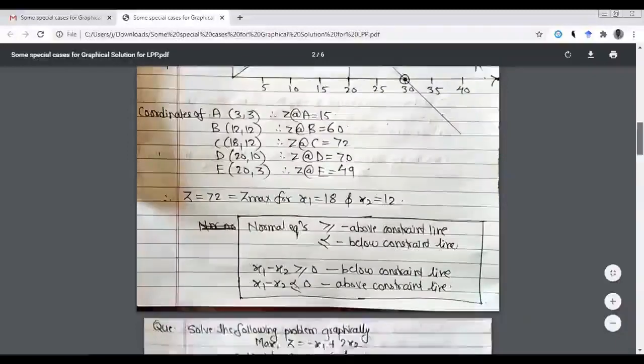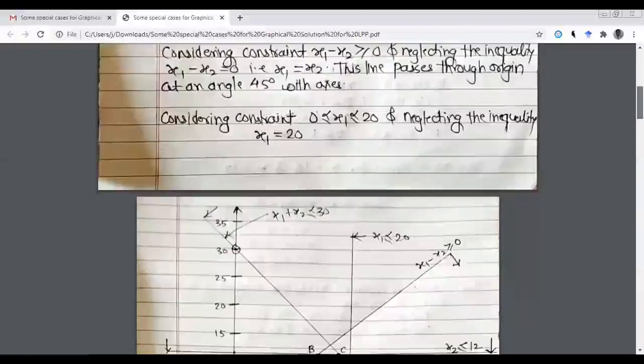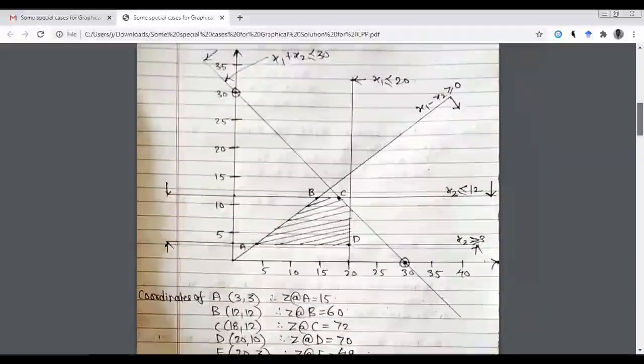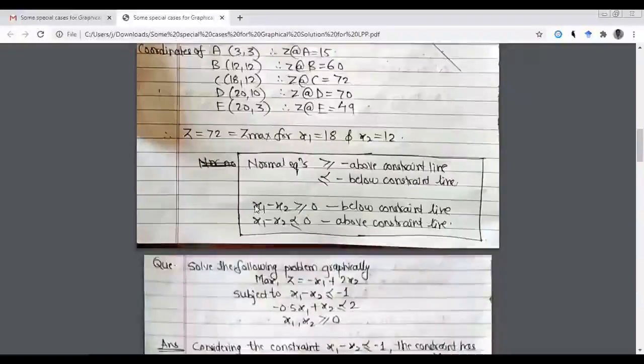Now the numerical was pretty straightforward, but the point that needs to be understood, or why this problem is special, is that it has a constraint x1 minus x2 less than or equal to 0 or greater than or equal to 0.